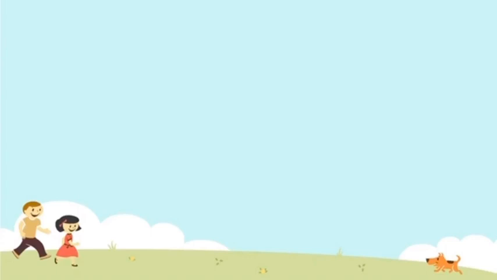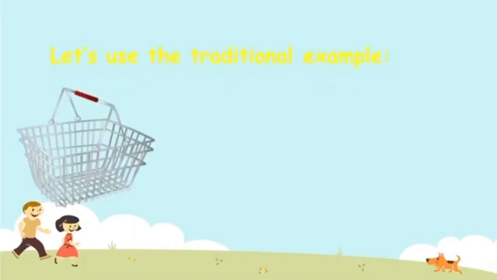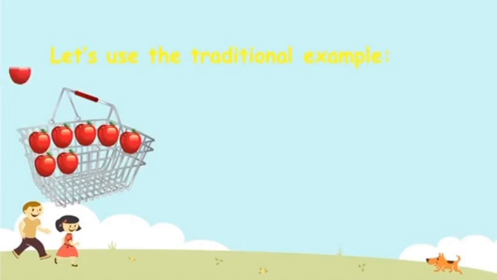Babes, we can show subtraction in many other examples. If we take the traditional example about the red apples, you have a basket and you have 1, 2, 3, 4, 5, 6, 7, 8, 9, 10. 10 apples inside the basket.